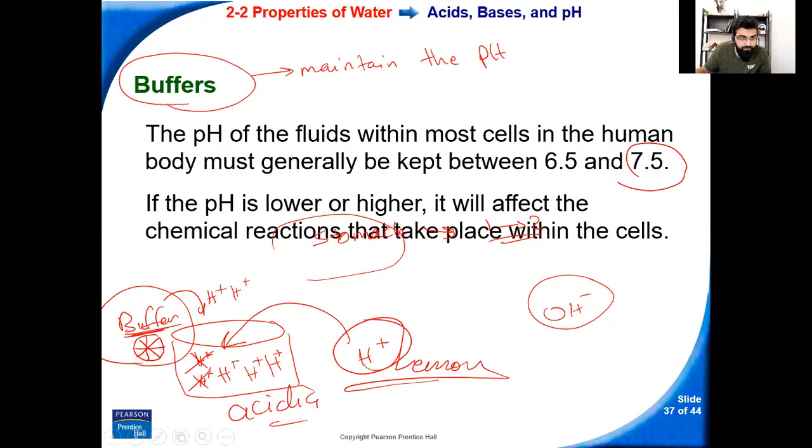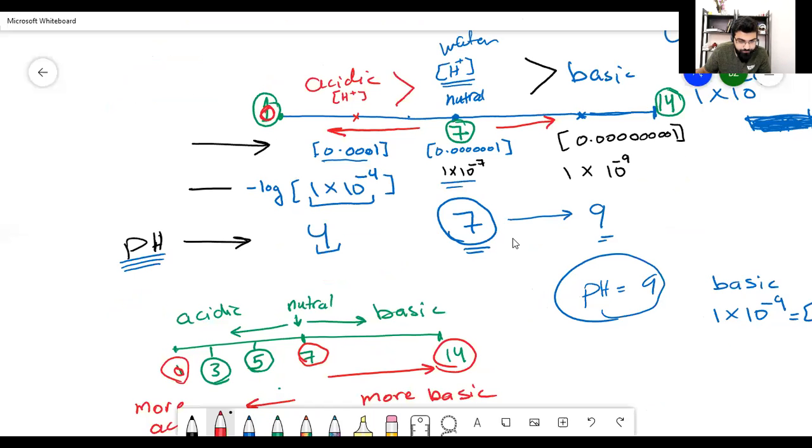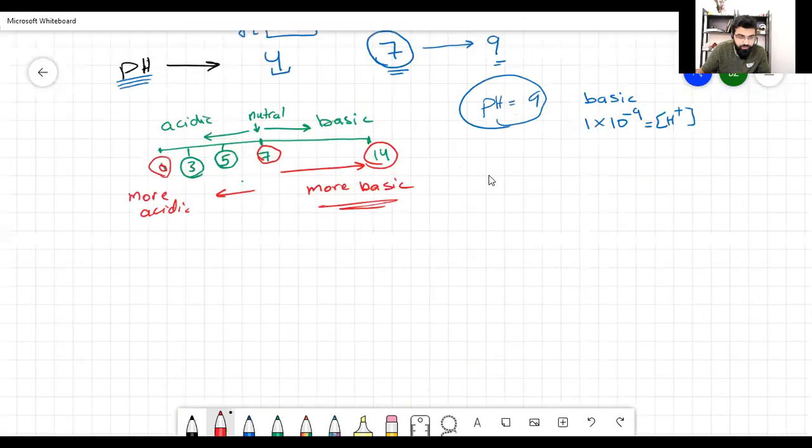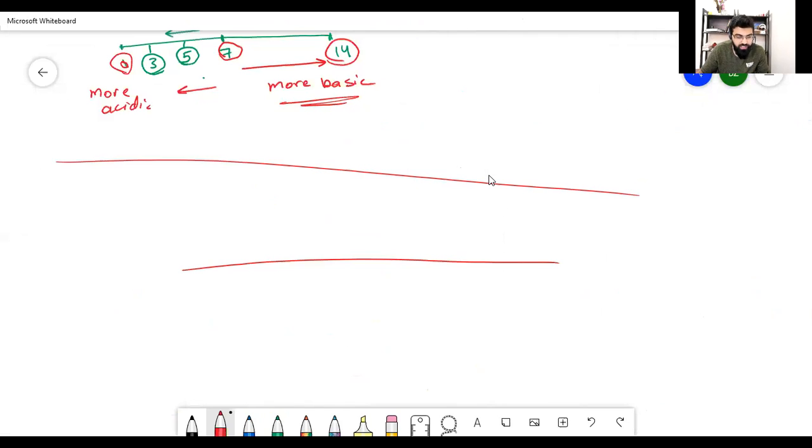Let's see it in a very quick way, because the time is going to finish. Here, this is a blood vessel, with H plus, H plus, H plus, H plus, for example.